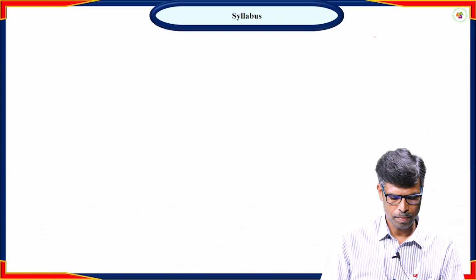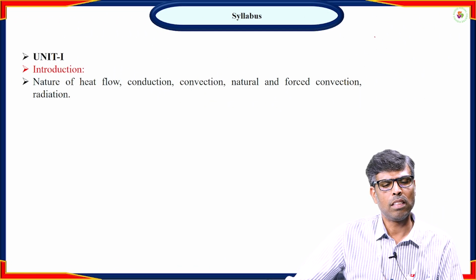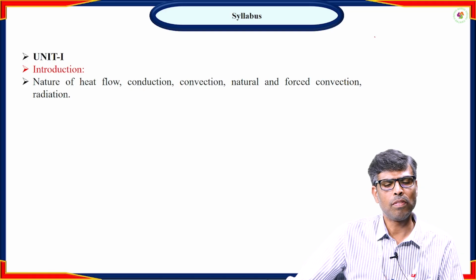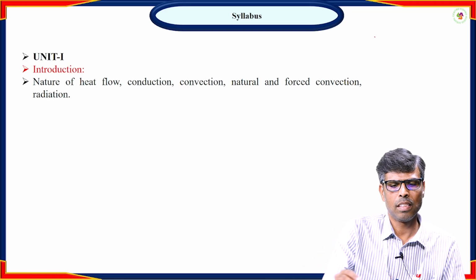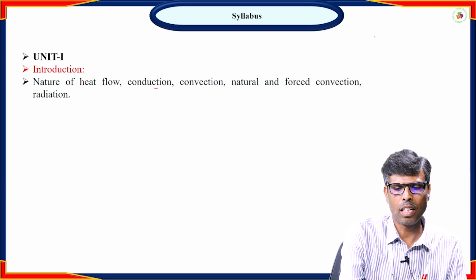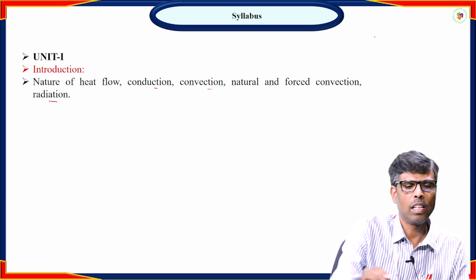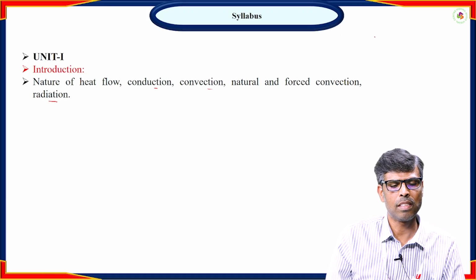Syllabus of this course. The first unit has two parts. In the first part, modes of heat transfer are discussed. They are conduction, convection and radiation, and their definitions with the equations are discussed.